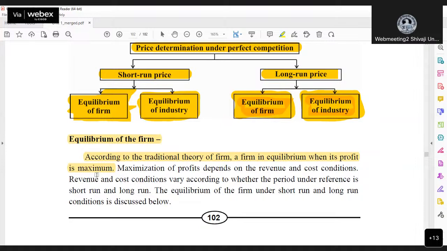That time span or position of that organization where its profit is maximum is generally treated as the equilibrium of a firm. By considering that condition of the industry or firm, the analysis has been done as short run price equilibrium of firm, short run price equilibrium of industry, and under the heading of long run, again equilibrium of firm and equilibrium of industry.